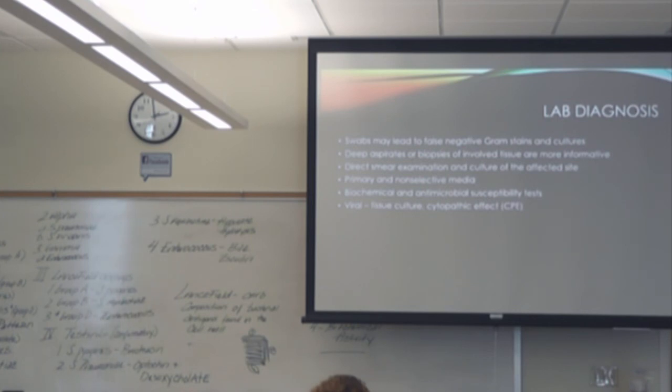They have primary and non-selective media, and then they're still going to do biochemical tests and antimicrobial tests. And then for viral, they'll do tissue culture and look at cytopathic effects, like how it is affecting the cells. So that's how they'll go down the list with bacterial, viral, and fungus. Okay, guys?